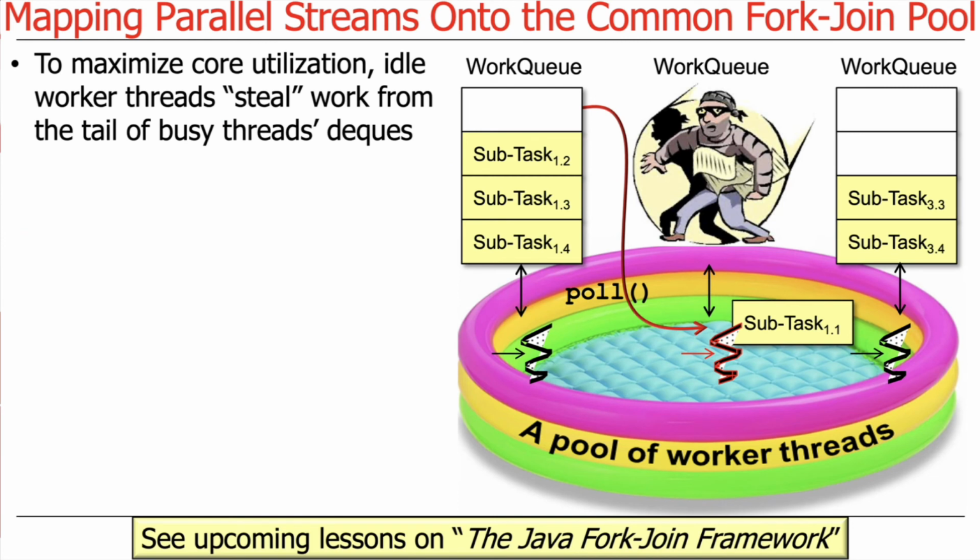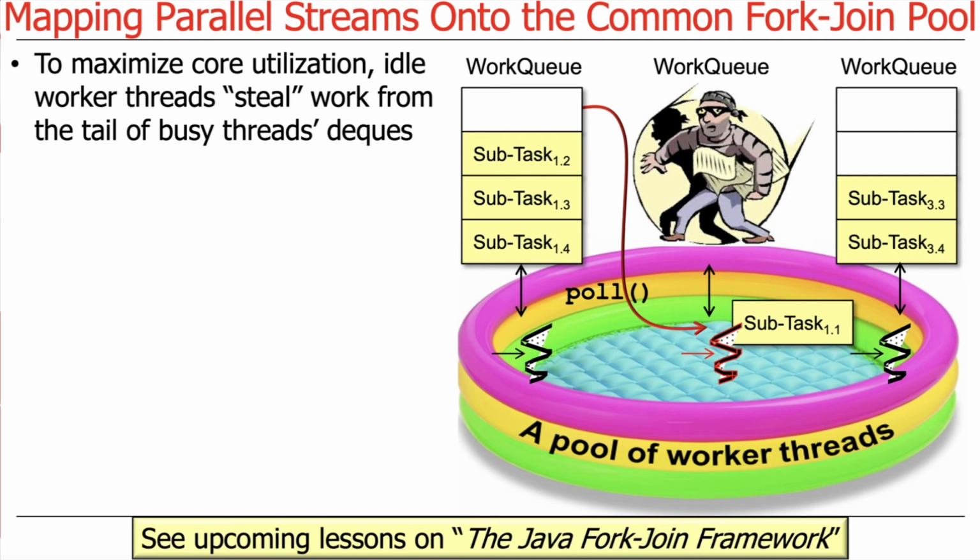And why does it steal from the tail of the queue? Well, the reason is because of the way the decks are implemented: they have different locks at the head and at the tail. There's a lock that manages access to the tail, and a lock that manages access to the head.